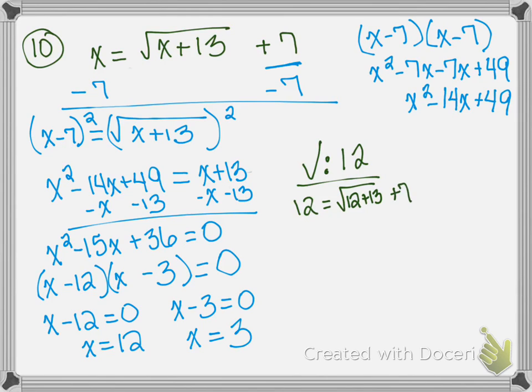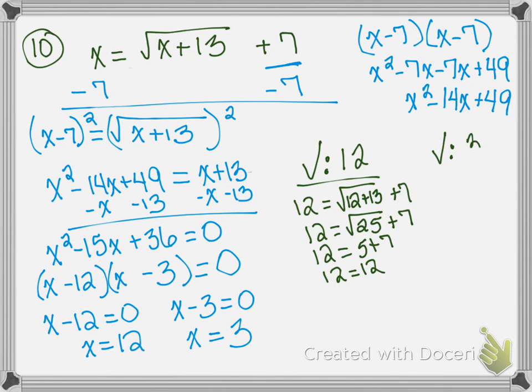Then I've got the plus 7. That plus 7 is outside the square root. Okay, 12 plus 13 is 25. Square root of 25 is 5. So I have 12 equals 5 plus 7, and does that work? It does.